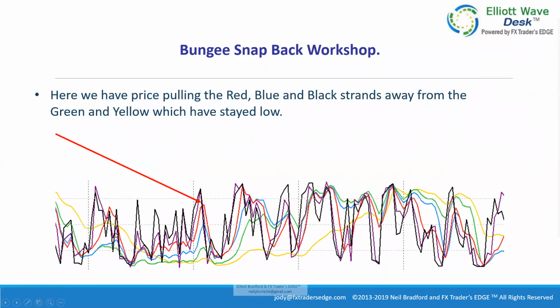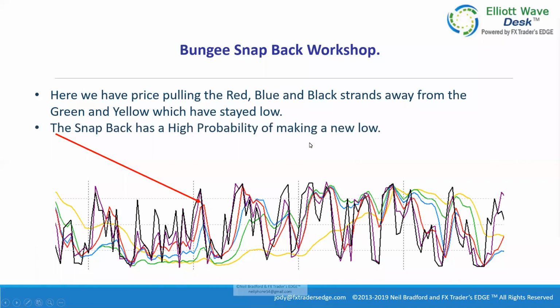It's the next one along, the next bigger one. You can see that the price has pulled the red, the black, and the blue away from the green and yellow, which have stayed low. Once again, the snapback has a high probability of making a new low because the yellow and the green stayed low.